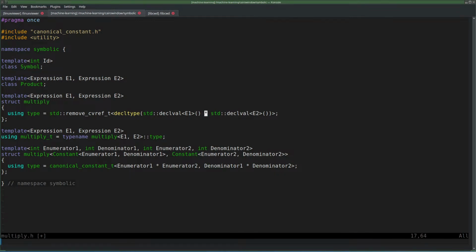So that's the multiplication between two objects, between quotes, of these types, where the operator star that is being used here isn't even defined yet. But that's apparently okay until we actually want to instantiate multiply with the given E1 and E2. And that's reasonable, because as long as E1 and E2 are not known, which of course is only until multiply is instantiated with those types, we wouldn't even have any clue which operator star to call, because the types are not known.